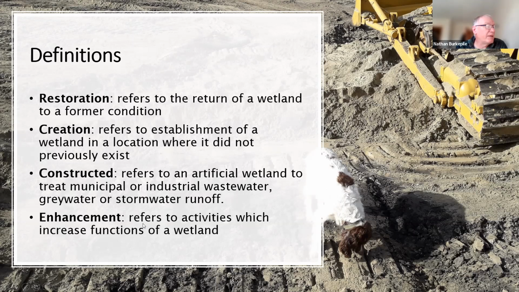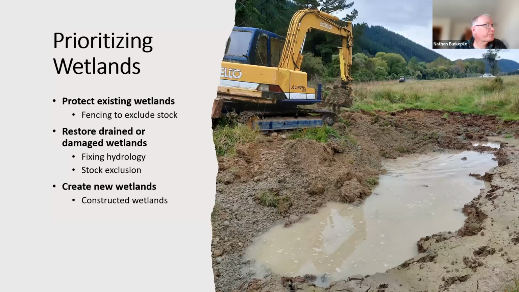And then we've got wetland enhancement, which usually falls under activities to increase the function of wetlands. Enhancement is most of our planting programs. We plant in wetlands, and that is an enhancement. It's not really restoration, because if the hydrology is there, the wetland doesn't need restoring, but it's just putting species back into that wetland to give it a little bit of movement forward.